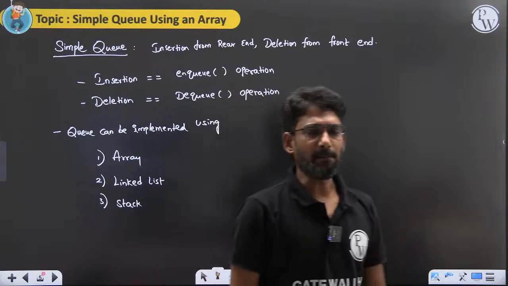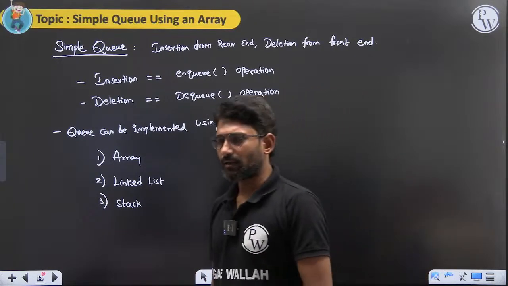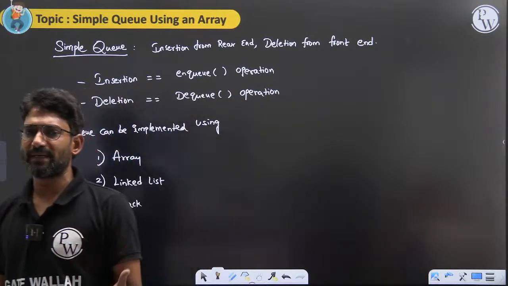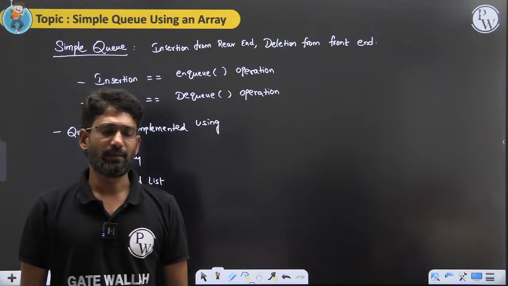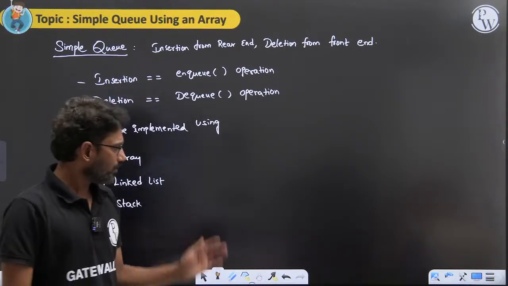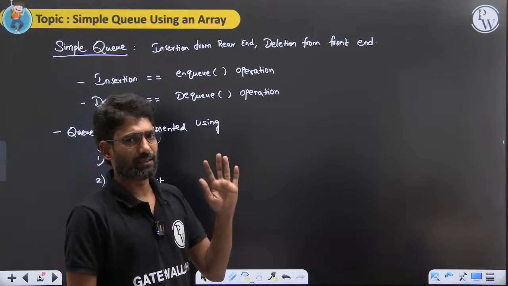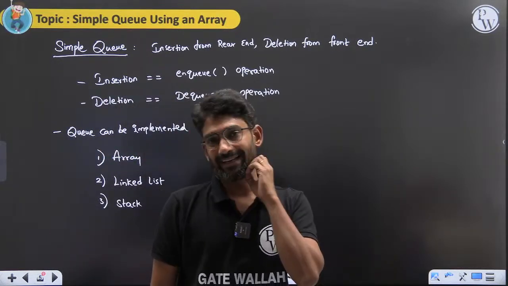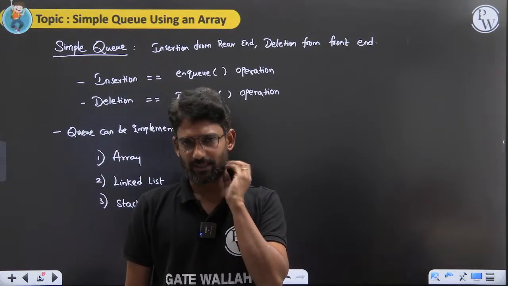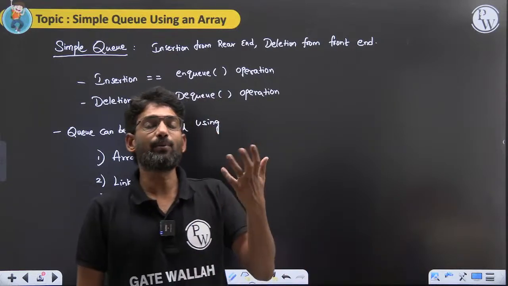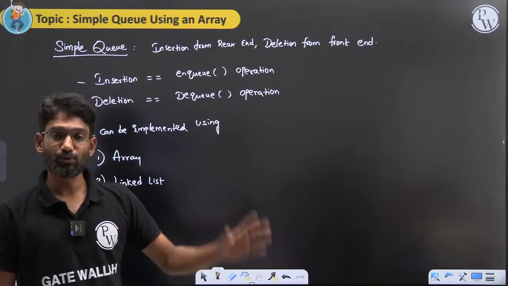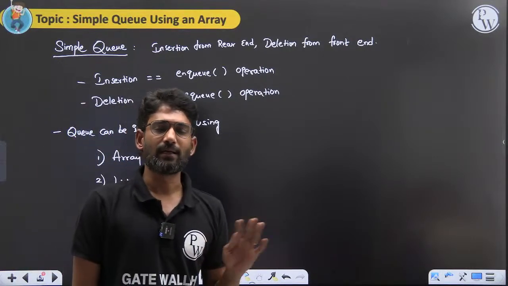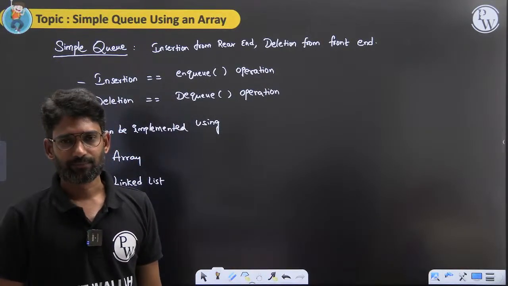Usually we say two stacks are used to implement queue, but actually there is a method using one stack also. We can actually implement the queue nature, that is a recursive stack, but its time complexity will be exponential, 2 to the power n. That's why that is not recommended.